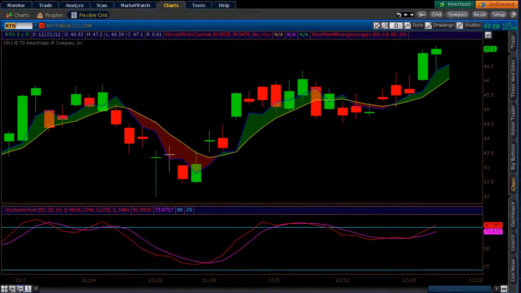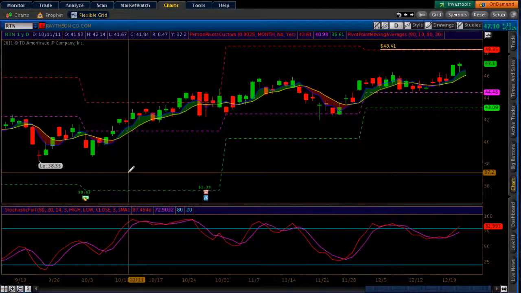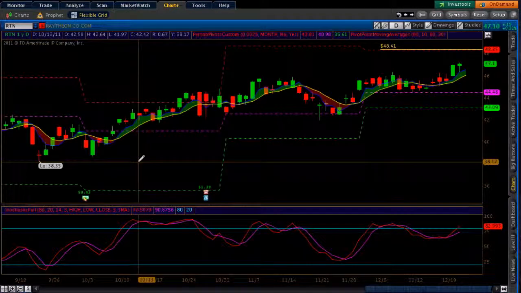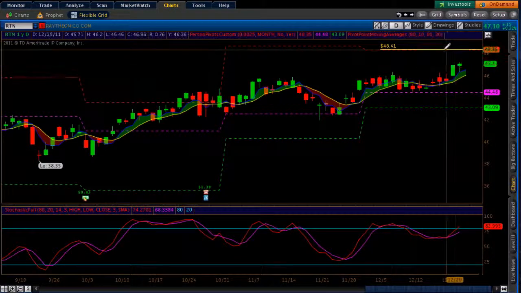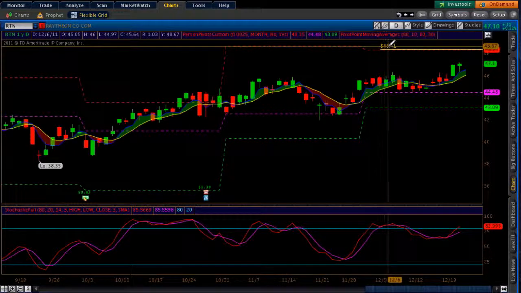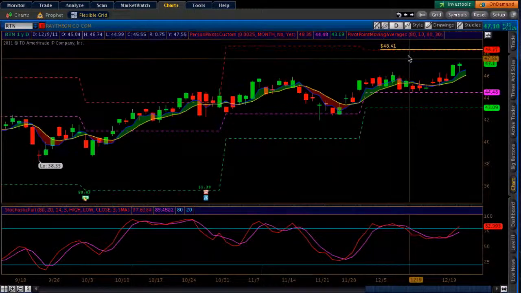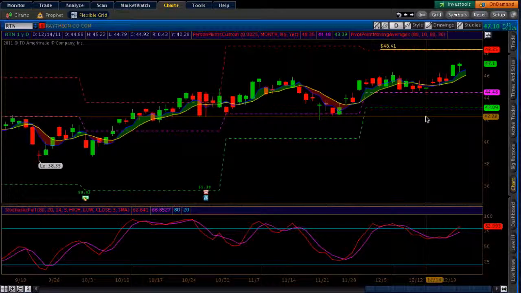Okay, RTN, which is Raytheon, I did a diagonal calendar on this, and the reason for that is because I think we were going to run up, but my break even on this diagonal calendar is 48.41. Now I don't have a downside for it because the diagonal actually gave me a credit of $8 per contract.